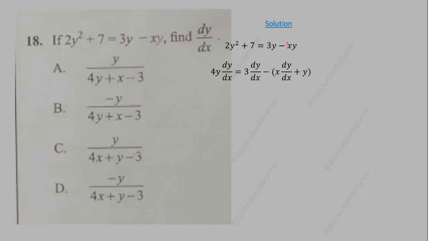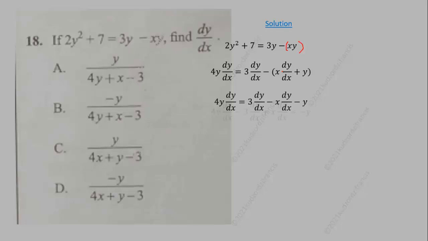This is a product rule here, so we can bring the parentheses to avoid confusion. Differentiate y, hold the x, you get x dy/dx. Then hold the y and differentiate the x, you get 1. 1 times y is y. So we can now expand this to obtain this.